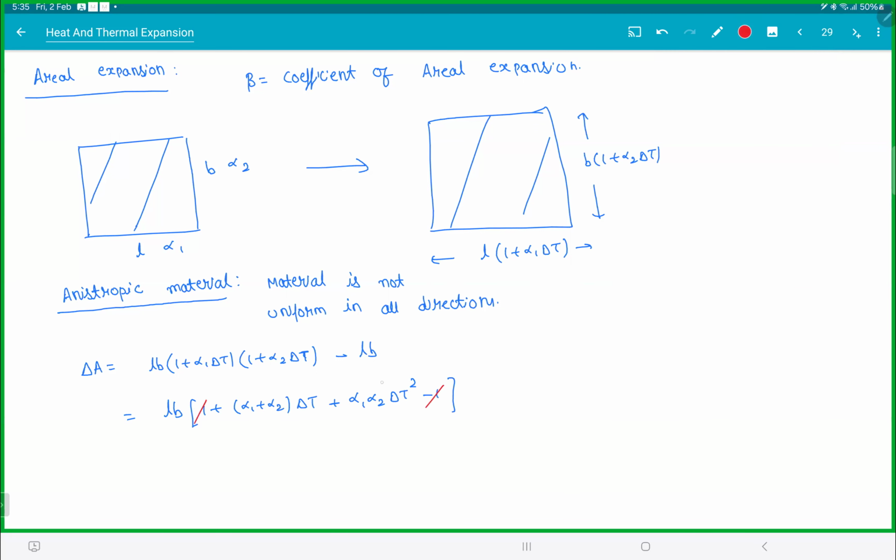This gets cancelled, this is neglected. So you end up with area is LB, that is the old area, into 1 plus alpha 1 plus alpha 2 delta T.